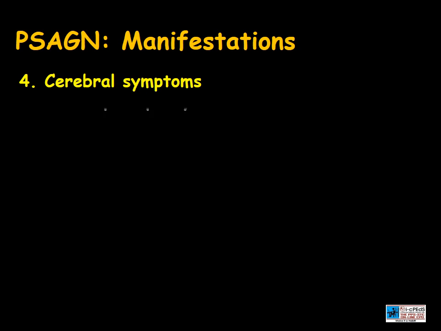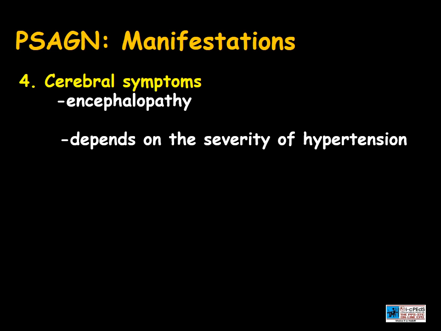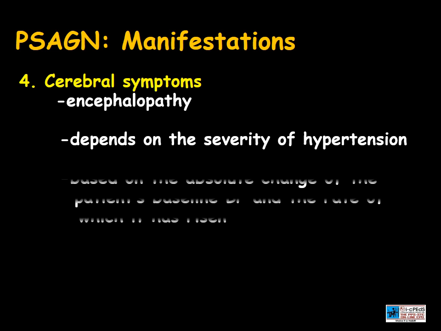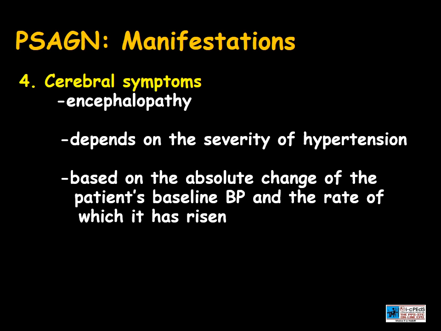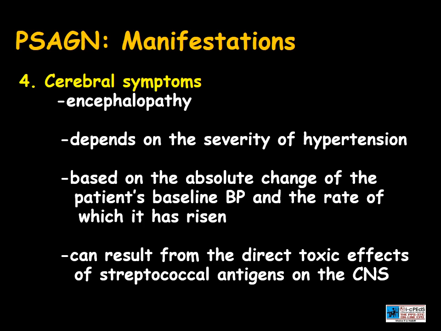Also, encephalopathy would usually depend on the severity of the hypertension. This is based on the absolute change of the patient's baseline blood pressure and the rate at which it has risen. This can also result from the direct toxic effects of the streptococcal antigens on the CNS.